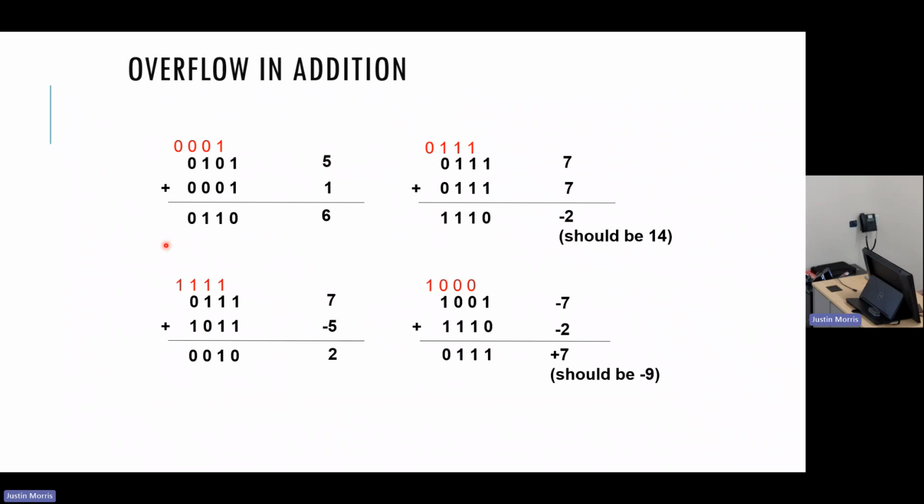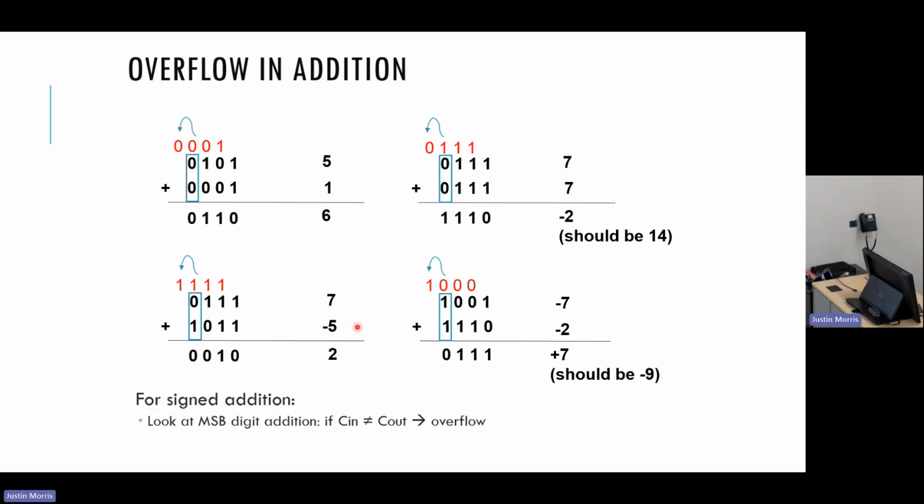So here is another way of checking, rather than just looking at the signs of the inputs and the sign of the output. Like here, it's positive, positive becomes positive, we're good. And here it's positive, negative, so we know that it's always going to be good. But here we have positive, positive becomes negative, negative, negative becomes positive.